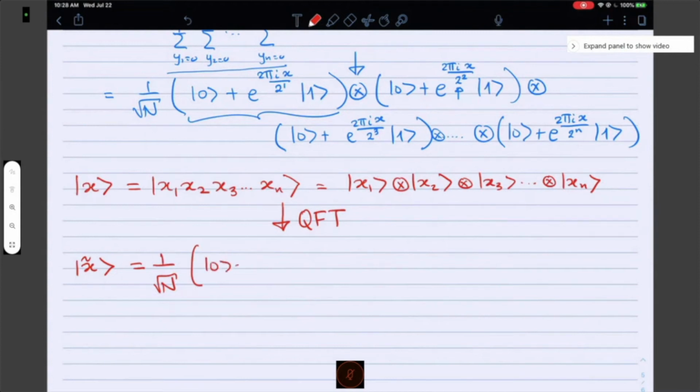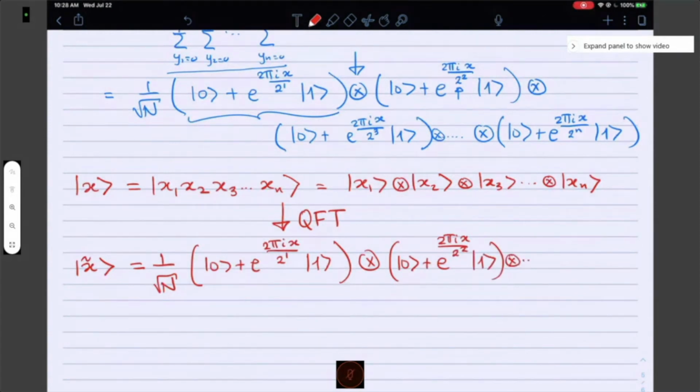0 plus e to the 2 pi i x over 2 to the power of 1, 0 plus e to the 2 pi i x over 2 to the power of 2, going all the way to 0 plus e to the 2 pi i x over 2 to the power of n.